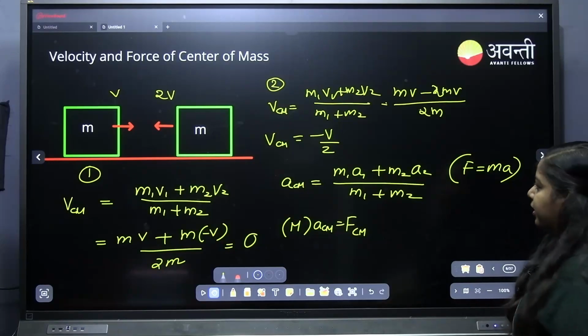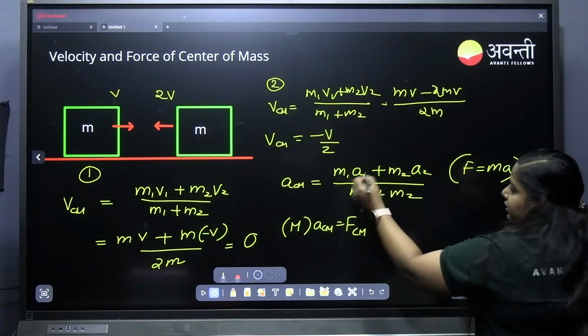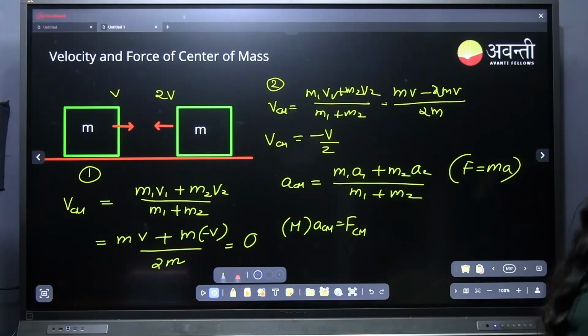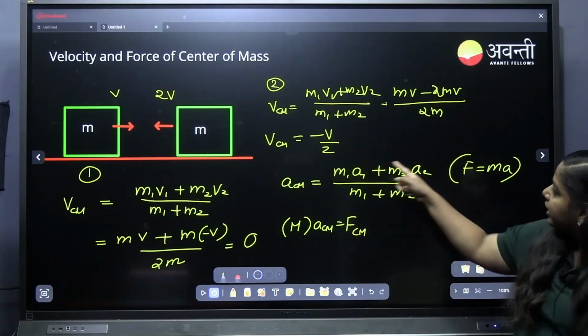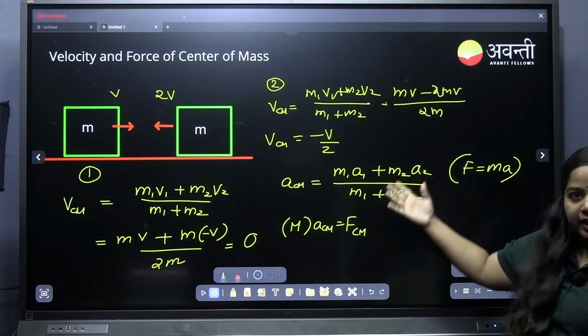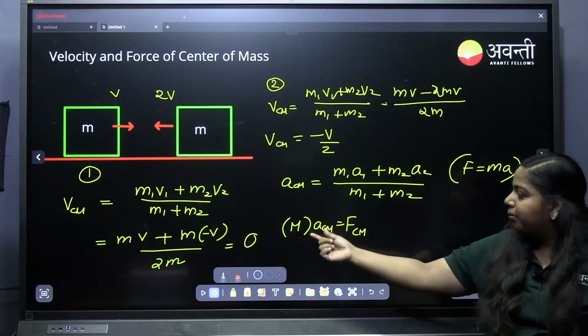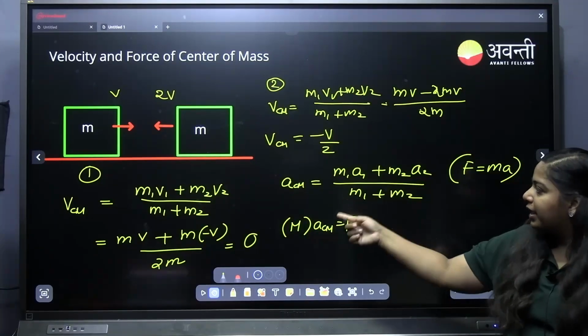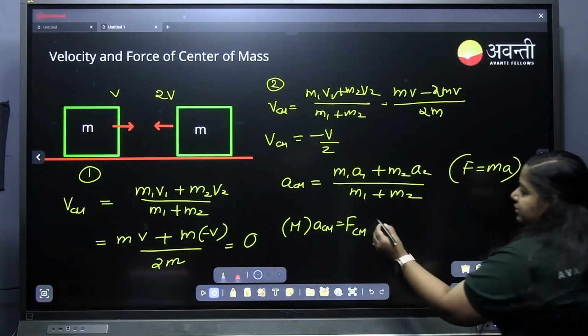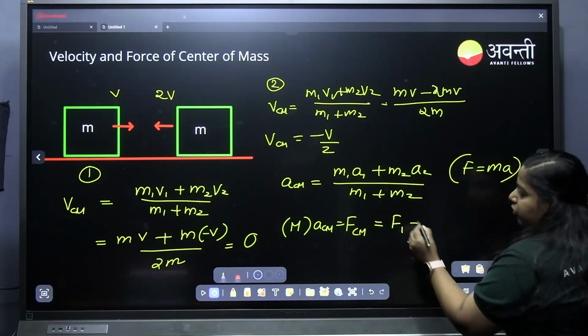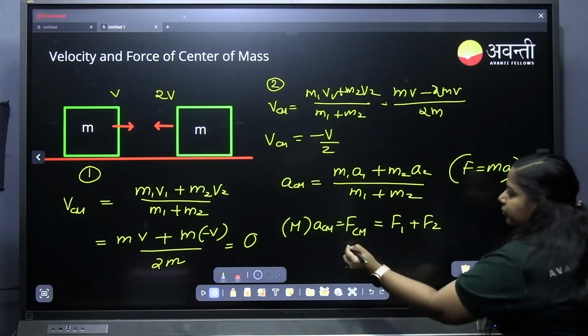And here what is it? m1a1, again it is force only. Then m2a2, again force only. If we multiply capital M on this side, capital M is nothing but m1 plus m2. So we will get F CM is equal to F1 plus F2.